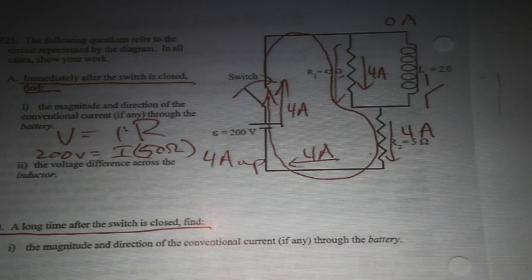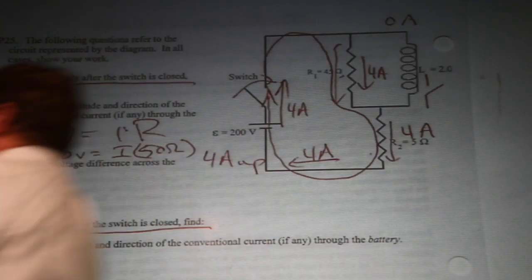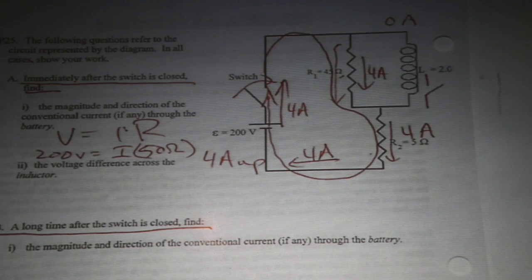Now, what is the voltage difference across the inductor? Now, we've got this formula that gives you the voltage difference across an inductor. It'll be on the front page of the final. The voltage across an inductor is equal to minus L delta I over delta T. Don't you ever use that.